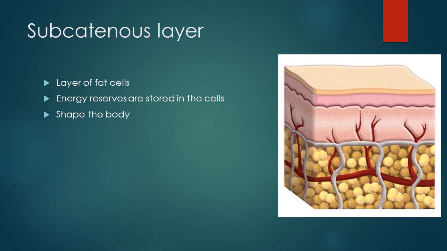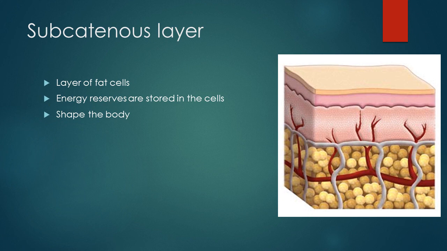Fat shapes our body. For example, very easily, the breasts of women consist of fat. Men don't have these fat deposits, so they have a flatter chest, while women have these lumps on their chest. Women also have fat deposits in their hips, so they have rounder hips, besides the fact that they also have rounder hip bones.